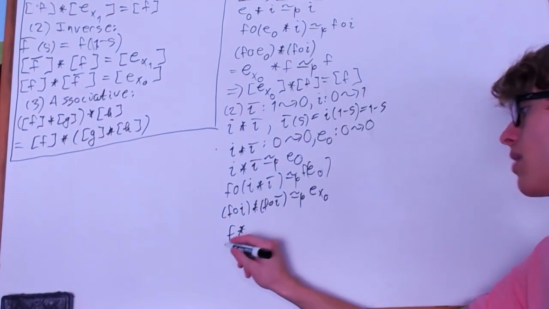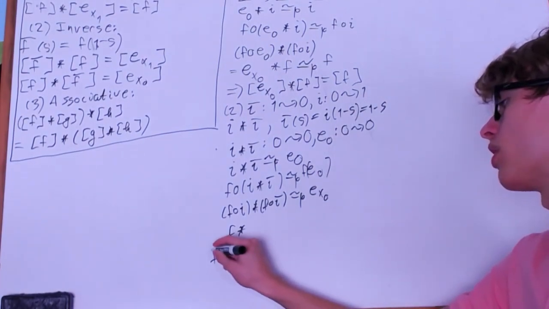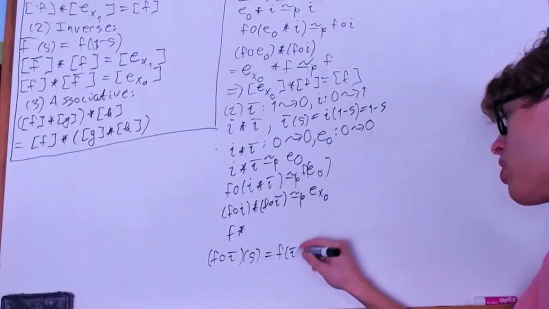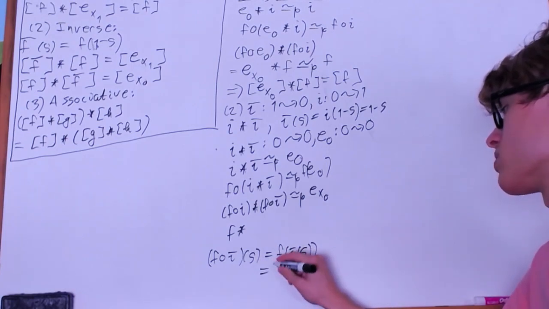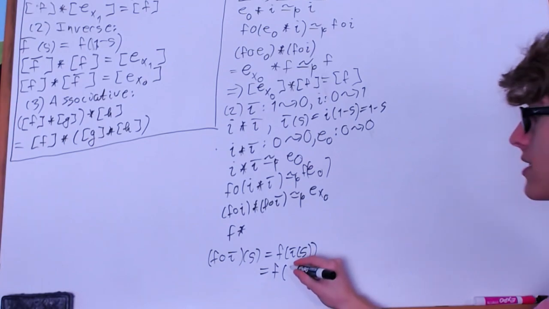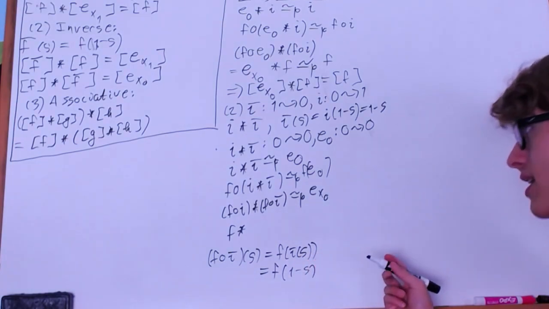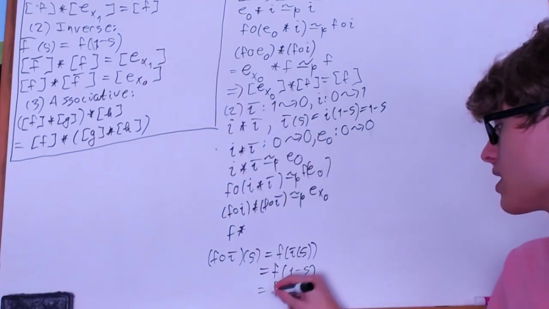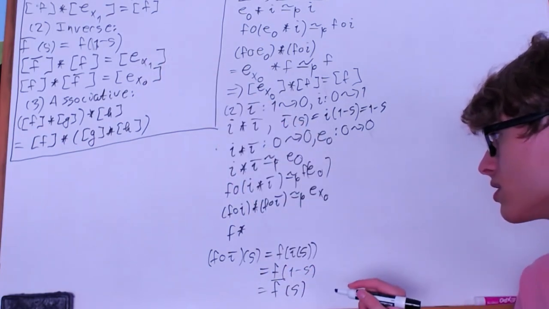Let's look at what f composed I bar applied to s will be. Well, it's going to be f of I bar of s, which is equal to f of 1 minus s, since I bar of s is 1 minus s, which by the definition of f bar is just f bar of s.